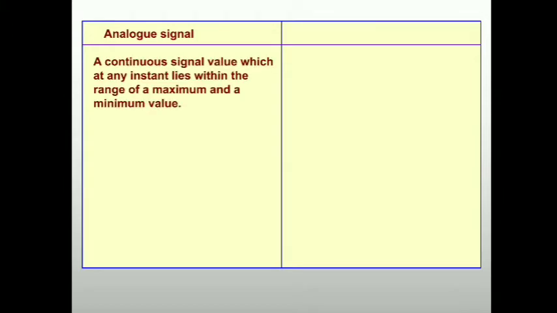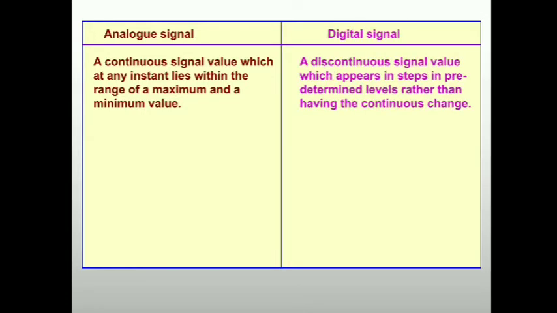Analog signal. What is analog signal? Analog signal is nothing but a continuous signal value which at any instant lies within the range of maximum and minimum value, right? Okay, and the next one is digital signal. Nowadays we are all using digital signals. So what is digital signal?